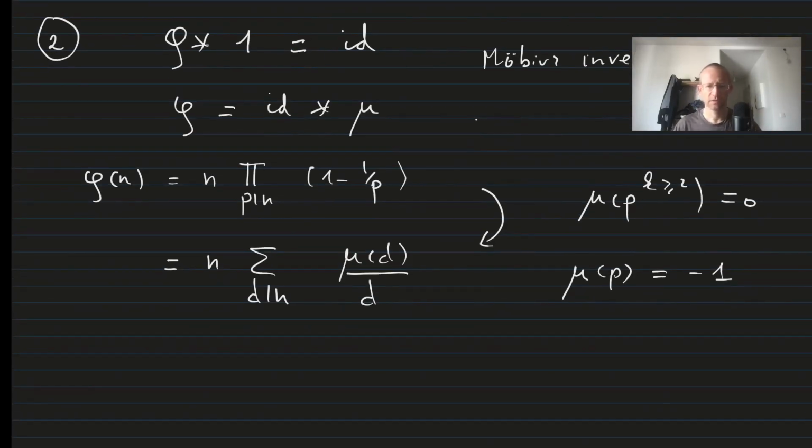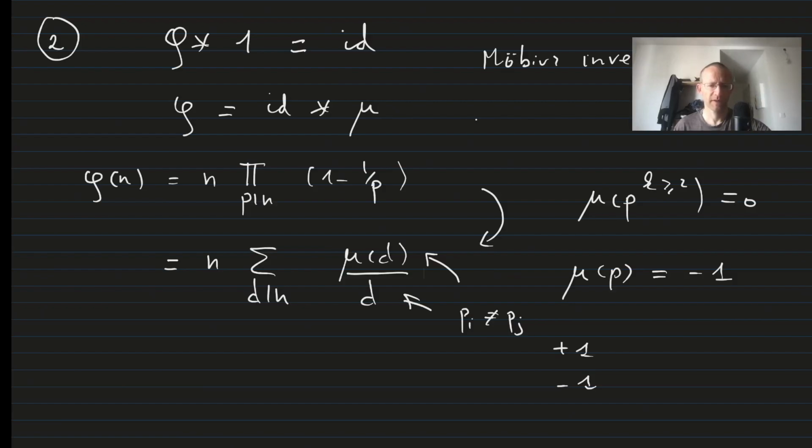So if we expand this out, then here we have all the divisors with different primes, and moreover when the number of prime factors is even we get +1, when it is odd we get -1 from the Möbius function, and if there's a square then we get 0.